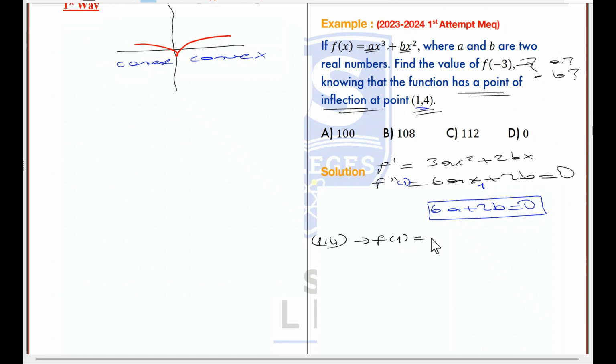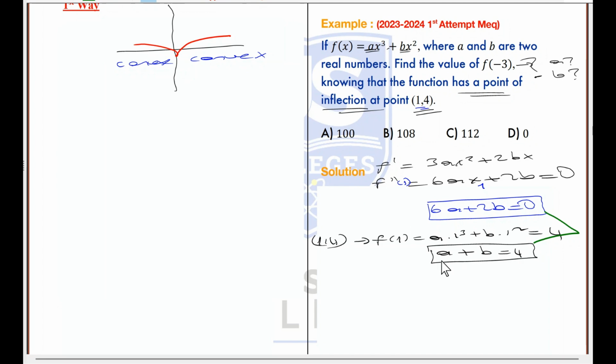F of 1: a times 1 cubed plus b times 1 squared must be equal to 4. So a plus b equals 4. I got a second equation. Now I have two equations. I will combine them to find the unknowns one by one.